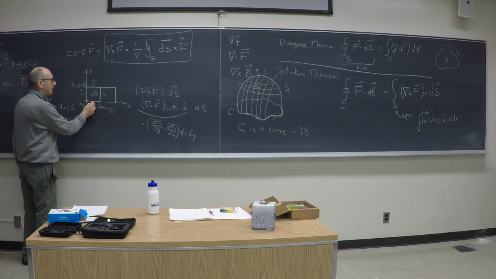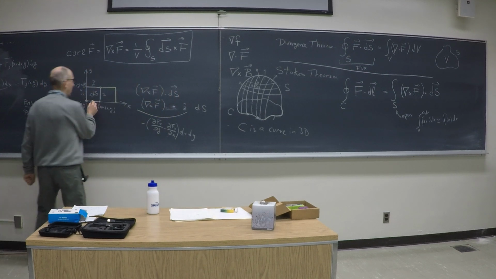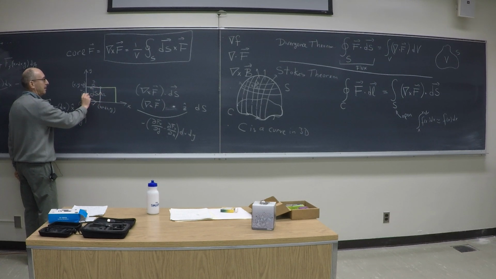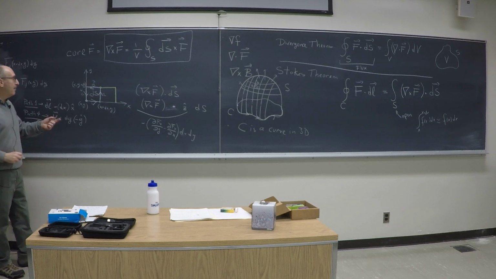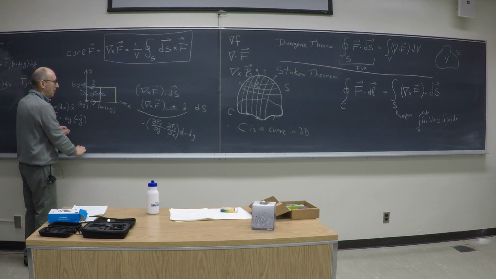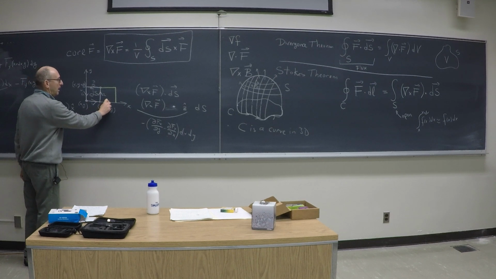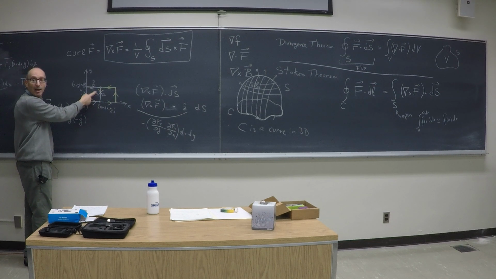So I walked this one this way, to the right, up, to the left, down. That's what we did. Okay, I'm going to respect that orientation, and I'm going to walk this new guy, the color one, same way. So I'm going to walk to the right, up, to the left, down. And so look at those two things.